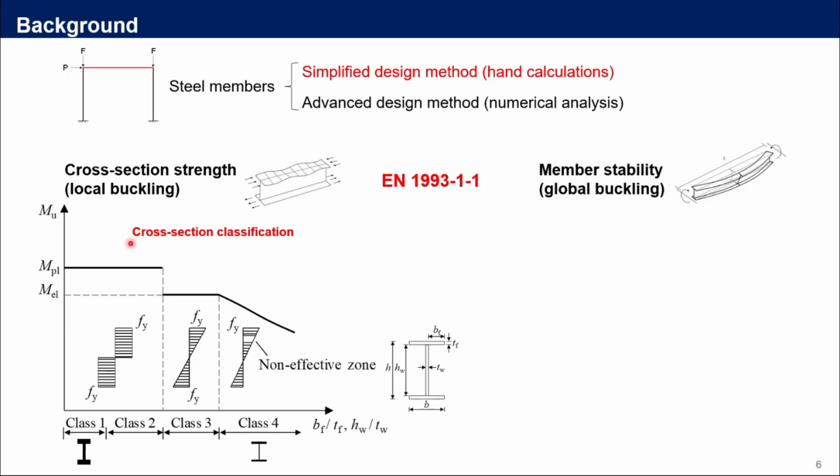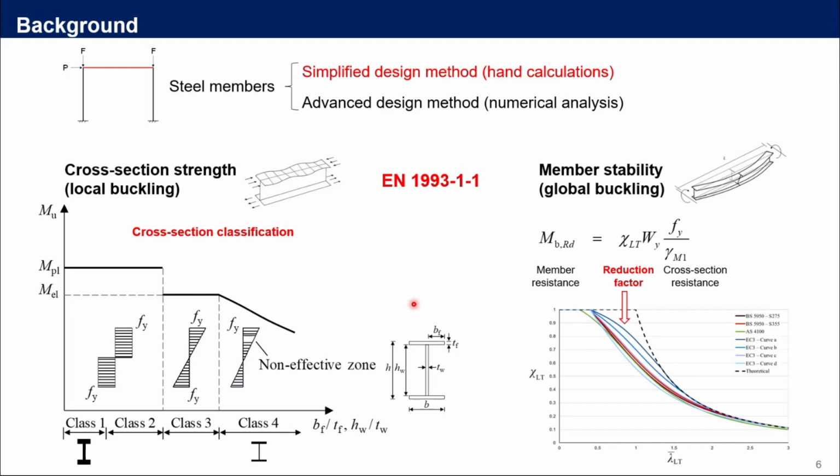concept. Based on the width-to-thickness ratio of the most critical plate element in the cross-section, the cross-section can be classified into different classes. And for these different classes, we use plastic, elastic, or effective resistance as their design cross-sectional resistance, based on plastic, elastic, or effective stress distributions.